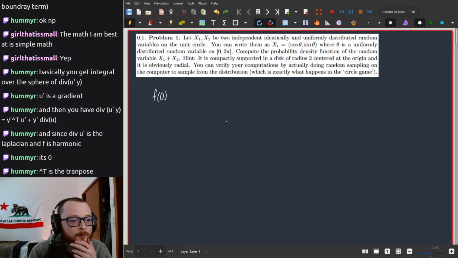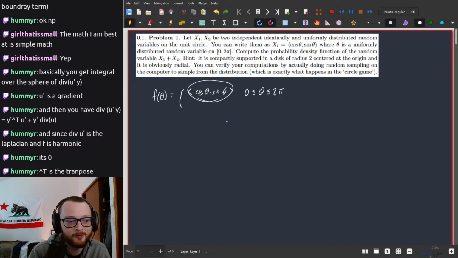So can I say f of theta is the vector cosine theta, sine theta, for 0 less than theta less than 2 pi? And this is already normalized, I guess, because cosine squared plus sine squared is 1.